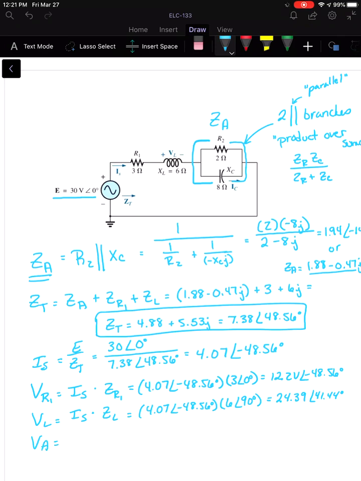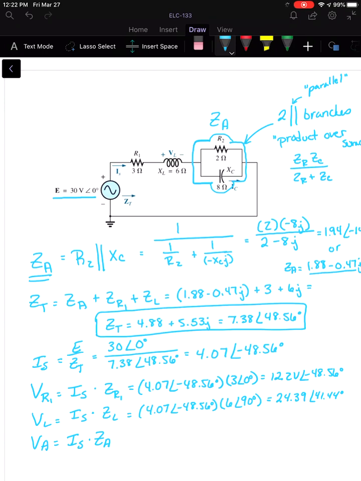Now I'm going to find the voltage drop across A. That's the portion of the circuit that has my R2 and my capacitor in parallel. So I'm going to take the source current and multiply by ZA, because when I combine this portion of my circuit, it basically turns into a single component.